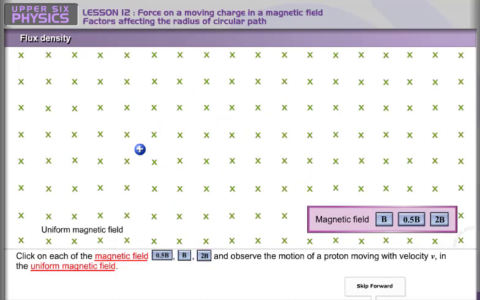Click on each of the magnetic fields, the 0.5B button, the B button, the 2B button, and observe the motion of a proton moving with velocity v in the uniform magnetic field.